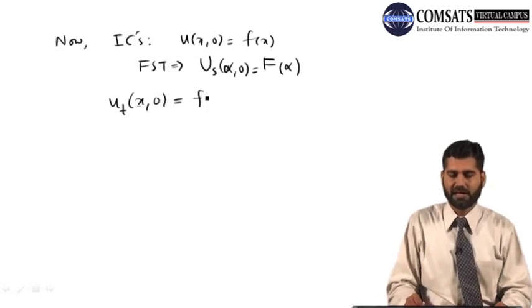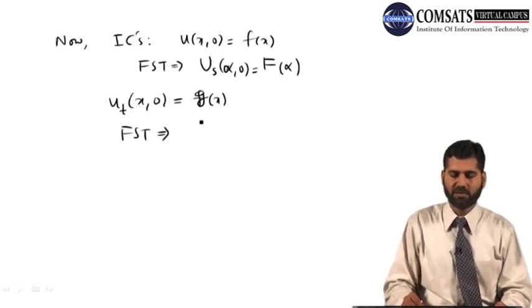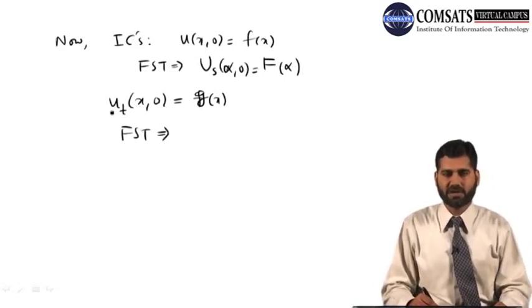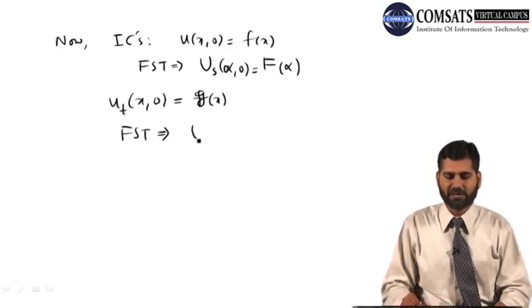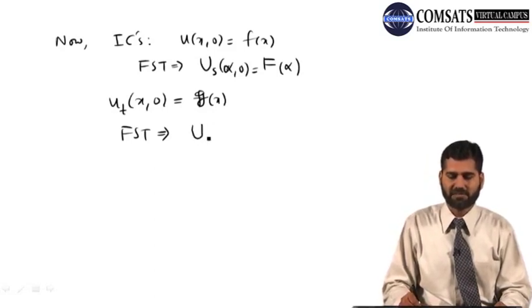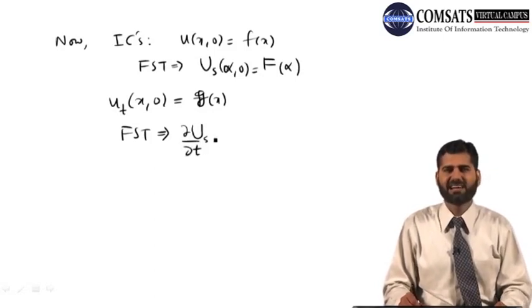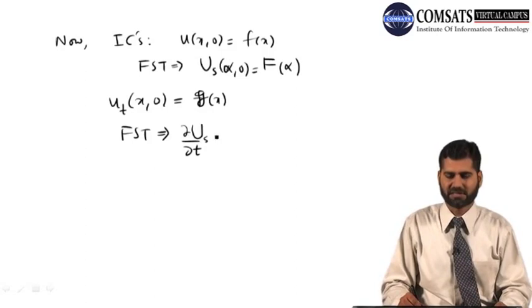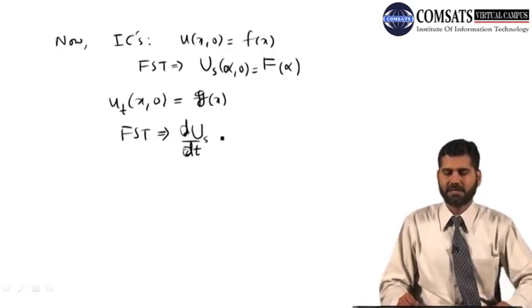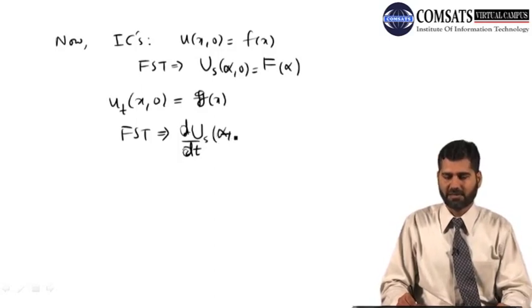u_t(x,0) = g(x). Again the Fourier sine transform will give us, because the Fourier transform does not affect the time derivative, just the time derivative of U_s. I can write partial by partial t of U_s at alpha, 0 is equal to G(alpha).